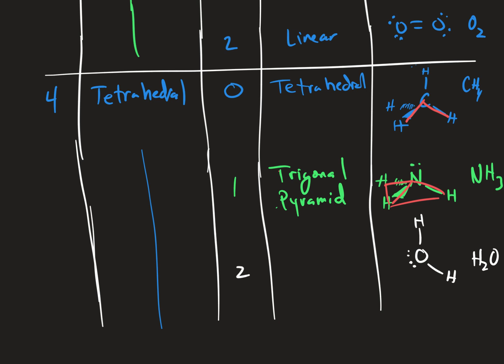You follow? There's not really a bond here, but it's a lone pair of electrons, right? You can kind of see that it's still tetrahedral, even though I drew that one kind of goofy.